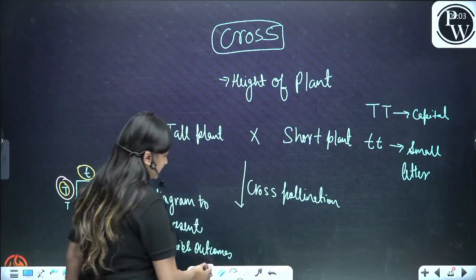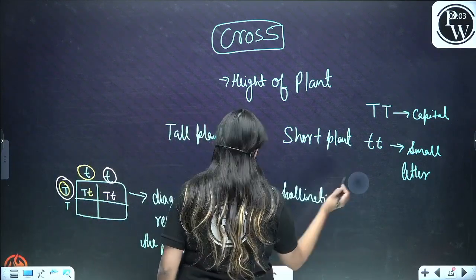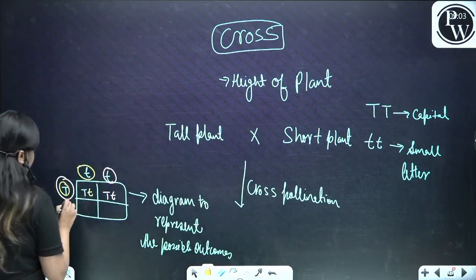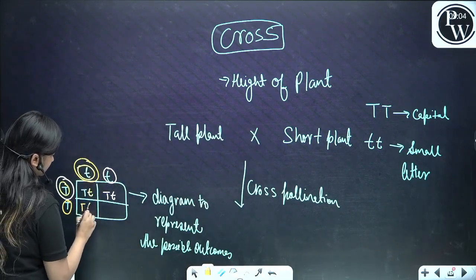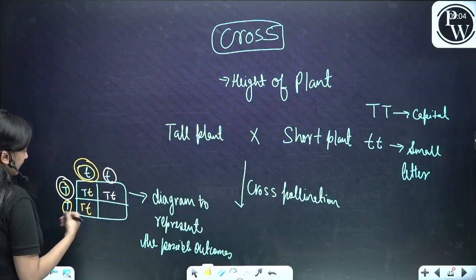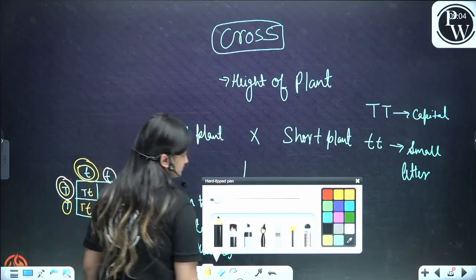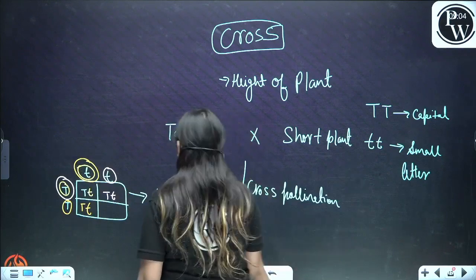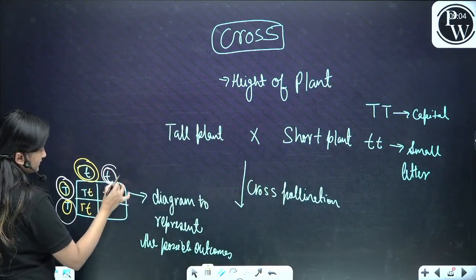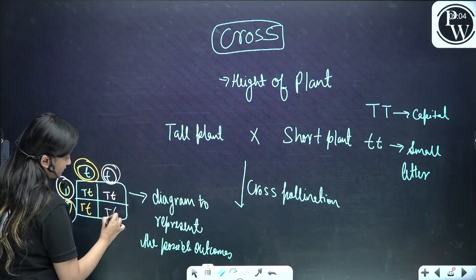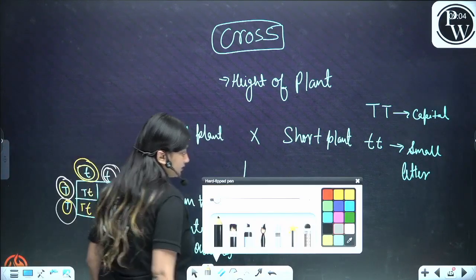Then again make a cross between this T, tall and short, and then again make a cross between this T and this T. This color might be not visible to you.